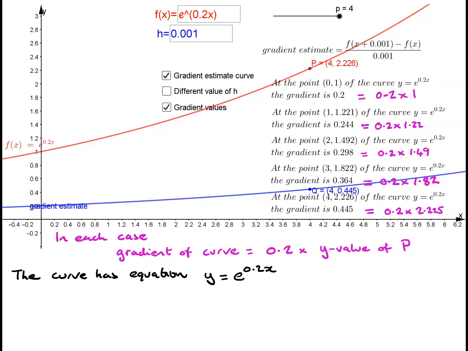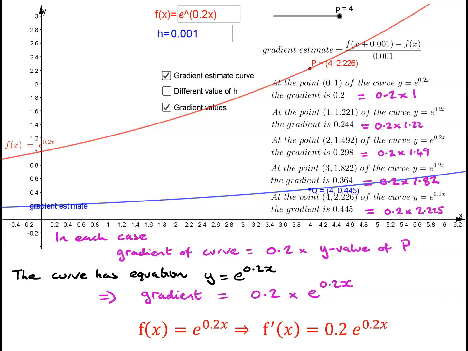So at a general point P with coordinates x, e to the power of 0.2x, the gradient of the curve is going to be 0.2 times e to the 0.2x. In other words, we've got the gradient rule for f of x equals e to the 0.2x is f dash x equals 0.2e to the 0.2x.